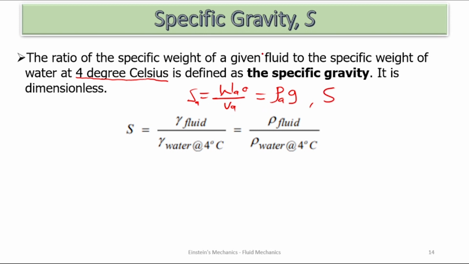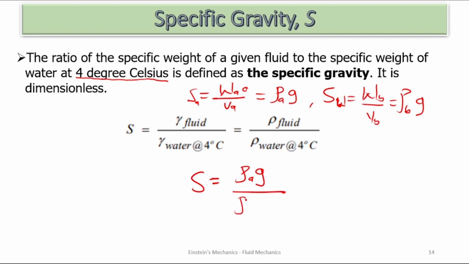Then let's consider the specific weight of B, which is the same as WB over volume of B. It is also rho B g. And let's assume we compare it to water, so the B should be for water. Meaning the specific gravity S of that particular gas will be the rho A of that particular gas times the gravity, over the rho of water and the gravity.